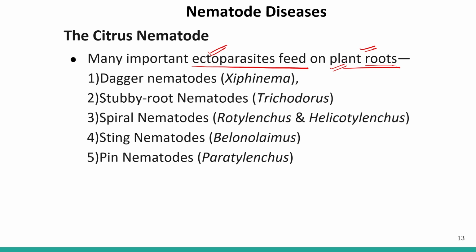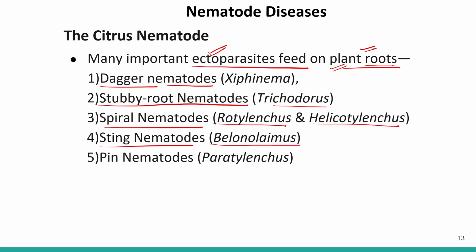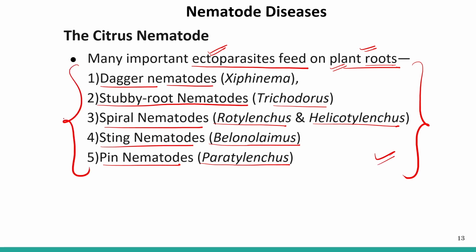These include the dagger nematode, stubby root nematodes, Trichodorus, spiral nematodes, Rotylenchus and Helicotylenchus, sting nematodes, Belonolaimus, and pin nematode, Paratylenchus. So there are many different ectoparasitic nematodes.